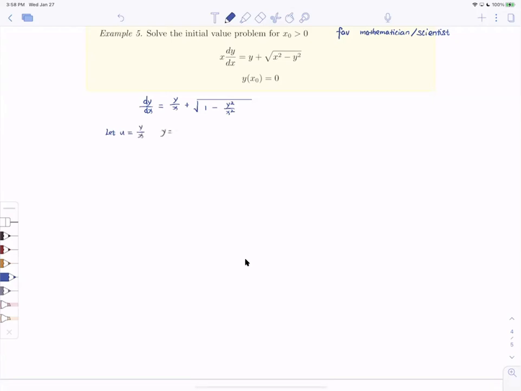Then y equals ux. So dy/dx equals d(ux)/dx, which equals du/dx times x plus u, which equals u plus the square root of 1 minus u squared.